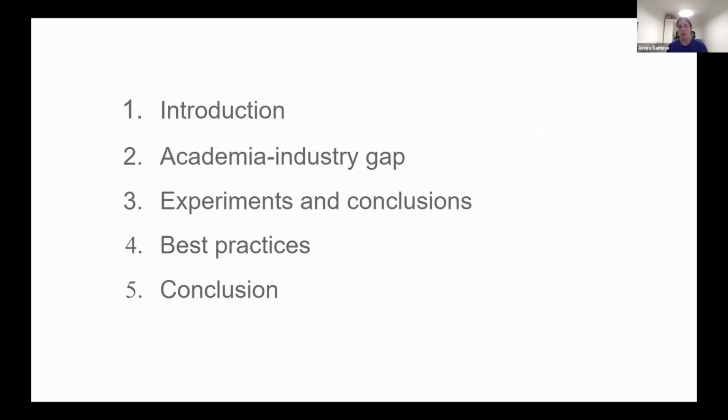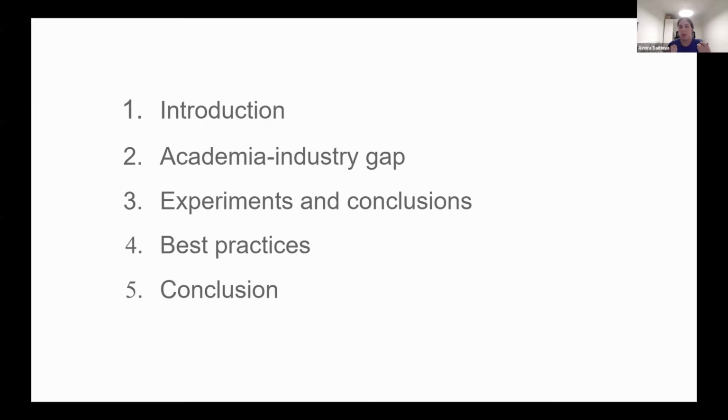Here's the content of the talk. I will start with the general definition of visual inspection and anomaly detection in particular, and explain why it's so important. Next, we will discuss the academia-industry gap we have identified in our benchmark paper, from datasets to metrics and models, and especially evaluation settings.